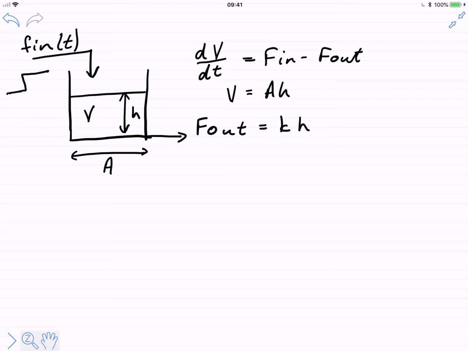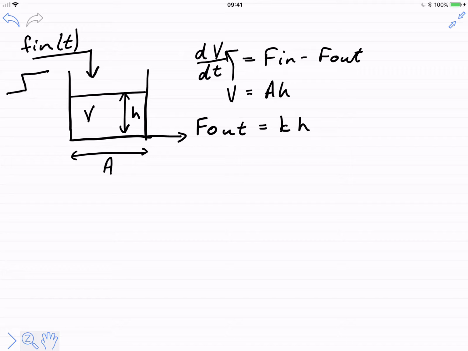Okay. So what we're going to do is first find a single differential equation that relates the level to the input. In other words, we want to eliminate the volume from the equations. So we're going to substitute the volume in there, and that will make the volume go away as a variable in our model.